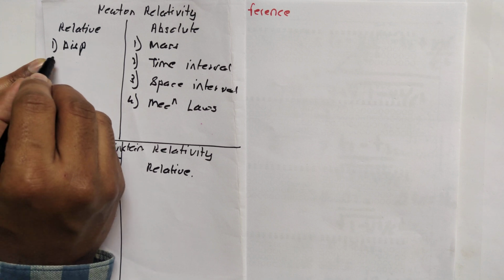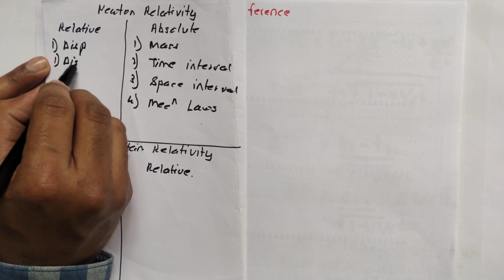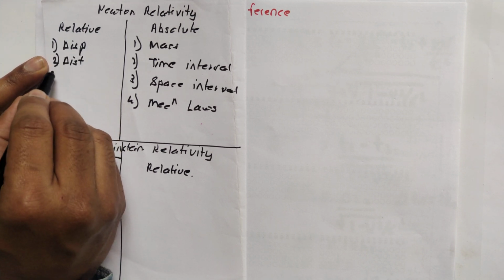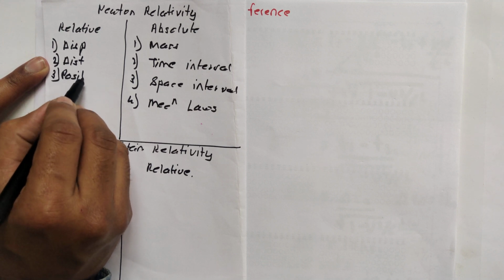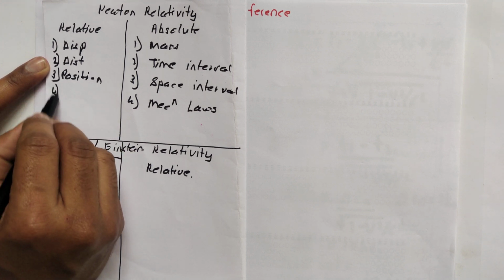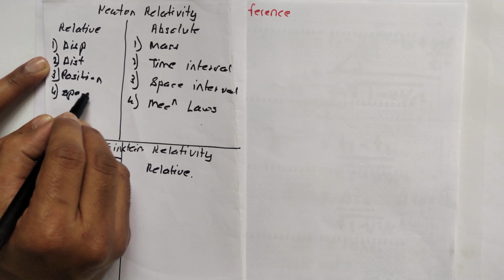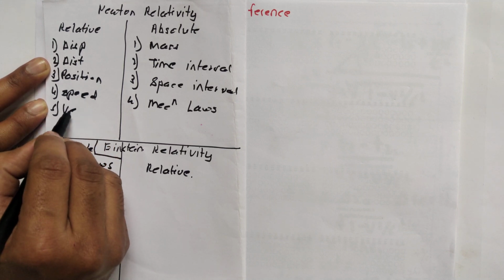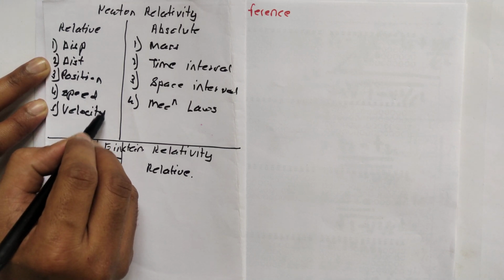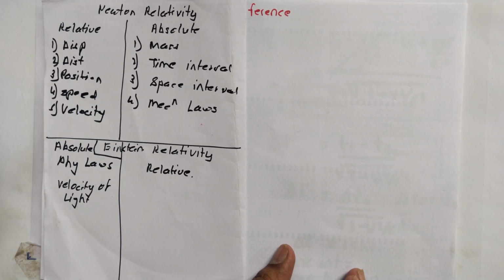displacement, distance, position, speed, velocity, all these things were considered to be relative, that is dependent on observer.